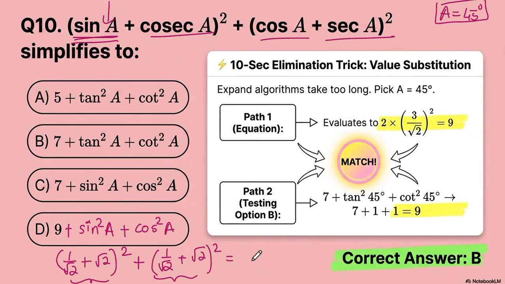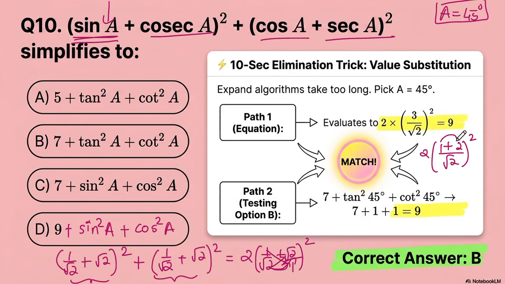So if we add them, it is nothing but 2 times (1 by root 2 plus root 2) the whole square. If we do the cross multiplication inside the bracket, what will we get? Outside 2 as it is, inside the bracket root 2 into root 2 upon 1, so 1 into 1 is 1, then plus root 2 into root 2, which is 2, upon root 2 into 1, which is root 2, the whole square.